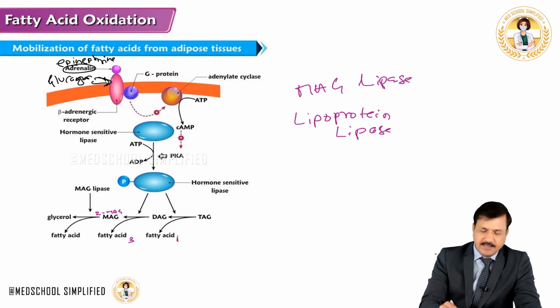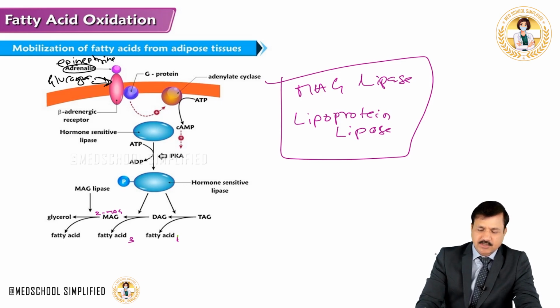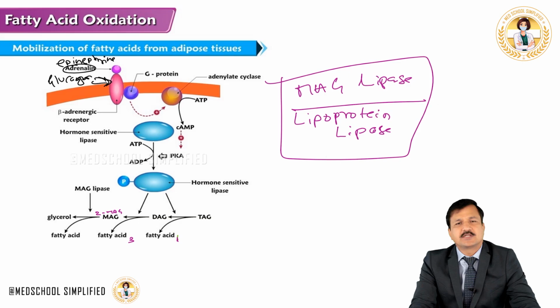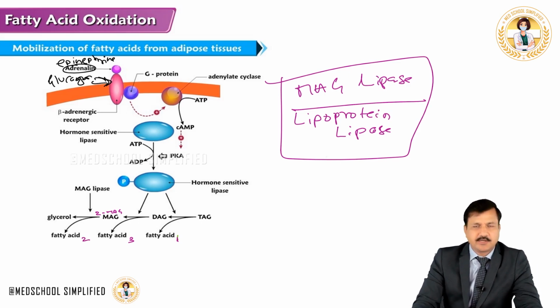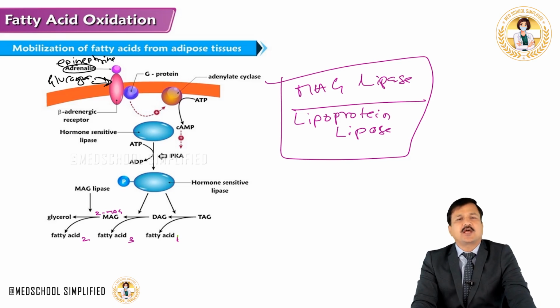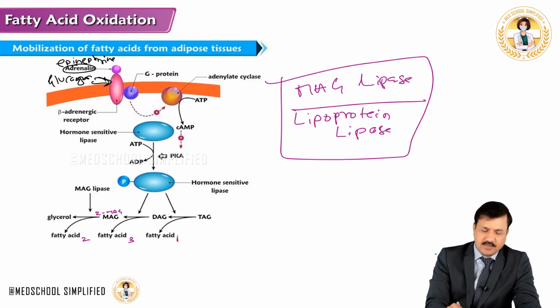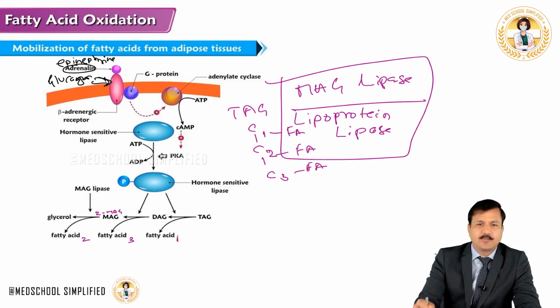So basically the monoacylglycerol lipase is going to degrade the fatty acid present on the second carbon of monoacylglycerol and release another free fatty acid, and a glycerol molecule is released. Like this, a triacylglycerol, TAG, has 3 carbons and 3 fatty acids attached, and these 3 fatty acids are released upon lipolysis.